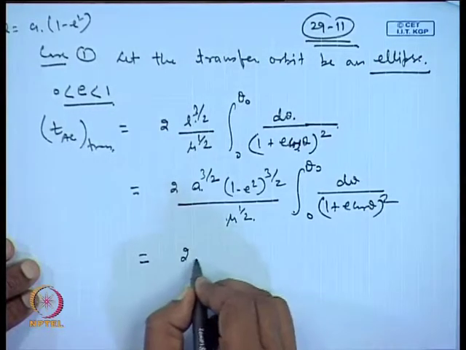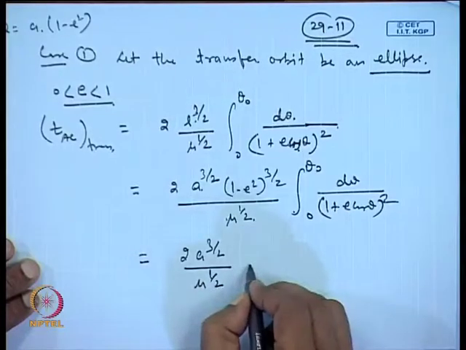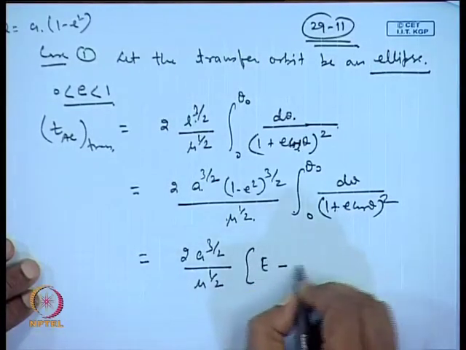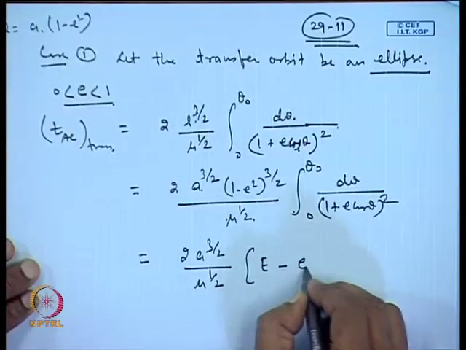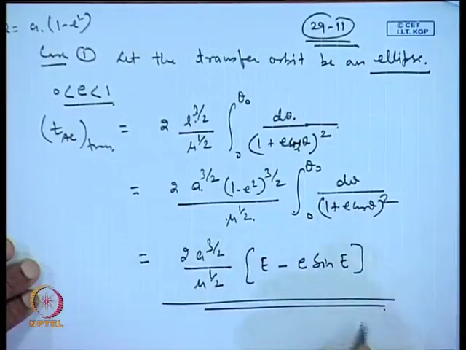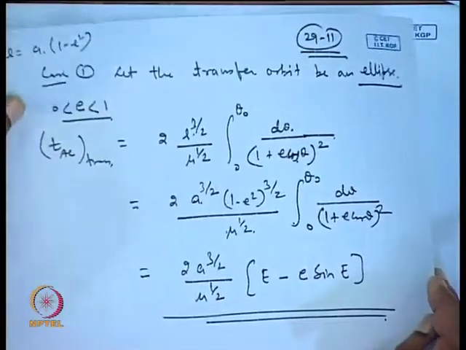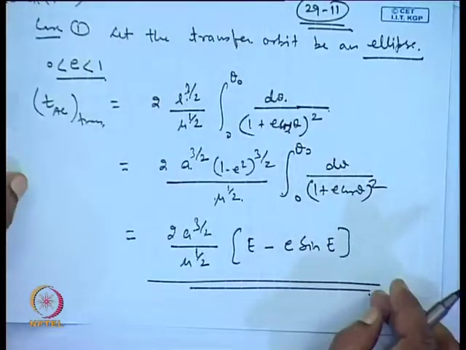So, from there we can directly write the results here in terms of eccentric anomaly.